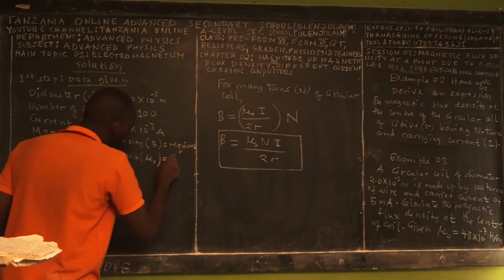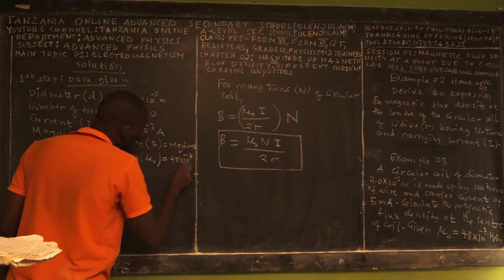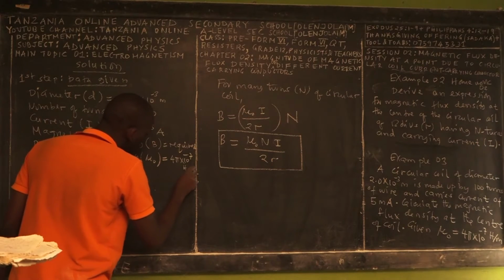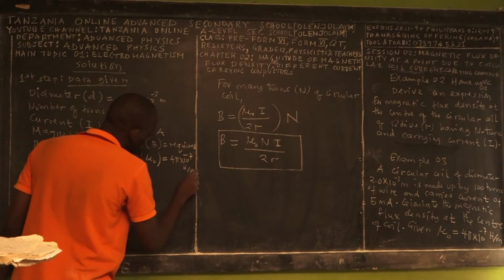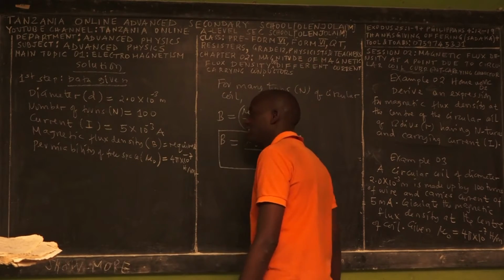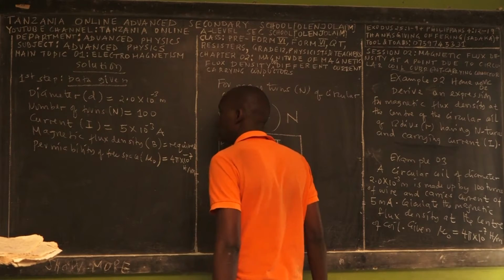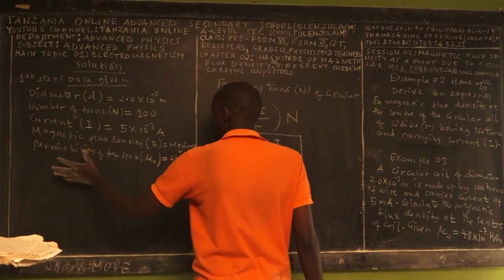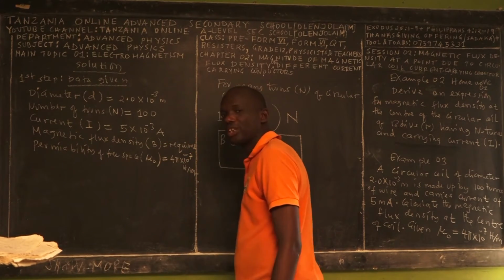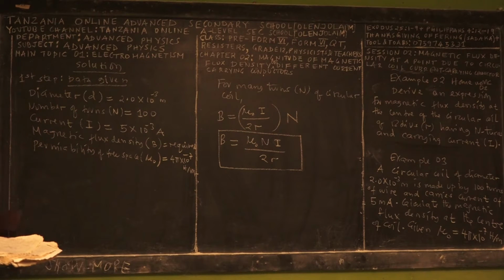So this is given as 4π × 10^-7 henry per meter. Do corrections in your note sheet for session 1. I made a mistake: instead of calling it permeability of free space or permeability of the medium, I called it permittivity of the medium. Okay, so that's the first step.